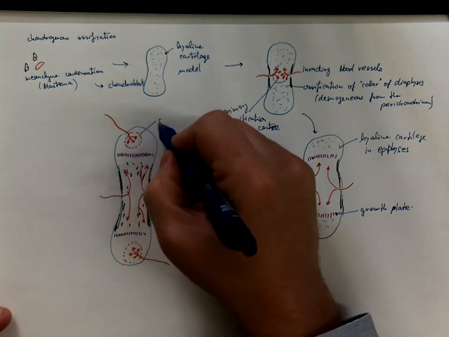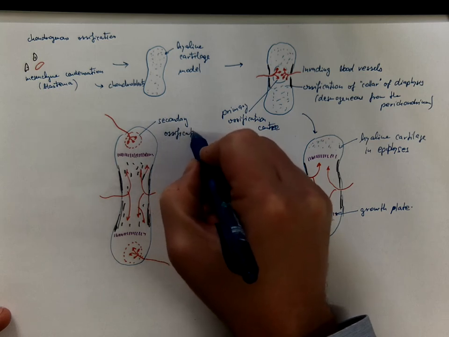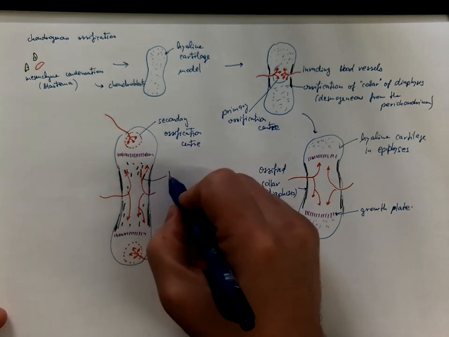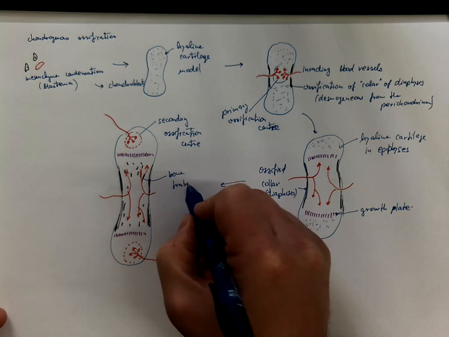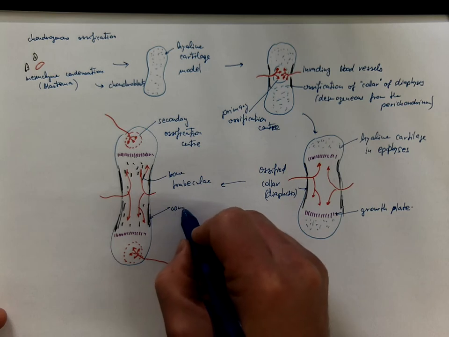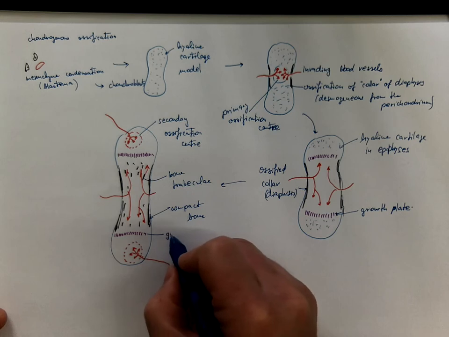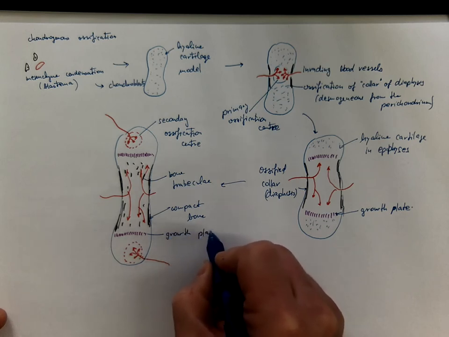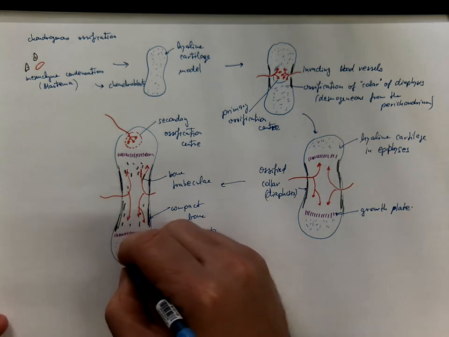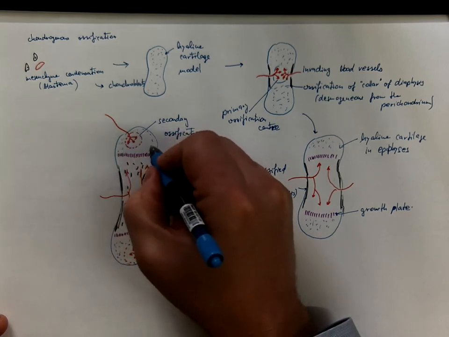So, secondary ossification center in the epiphysis, bone trabecula. Here is the compact bone of the diaphysis, and the growth plate, of course, and the cartilage occupies only a small part of the epiphysis and the surface of the epiphysis.